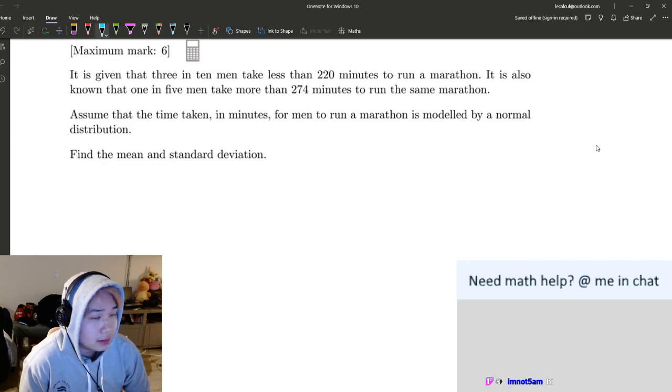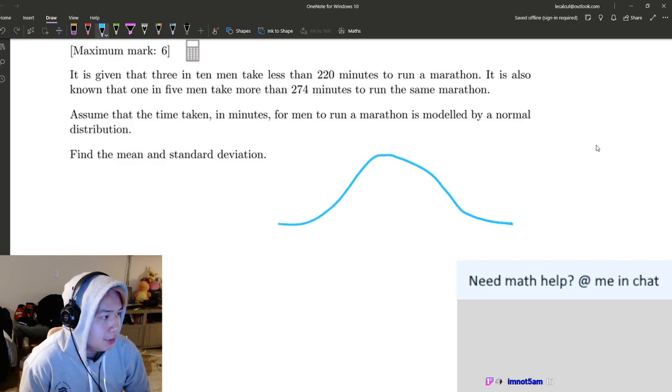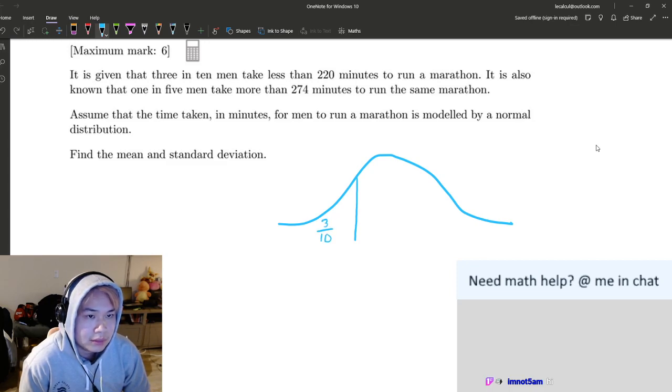Okay, so whenever you have a normal distribution, I recommend that you visualize it. So it takes 3 in 10 men to finish less than 220 minutes. So this is the probability here.